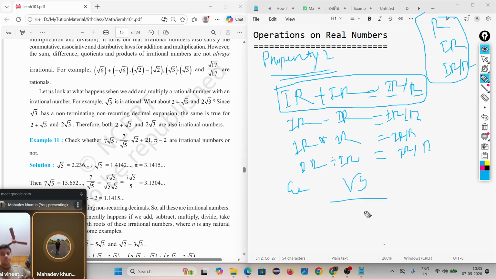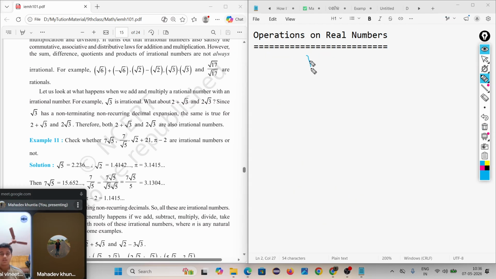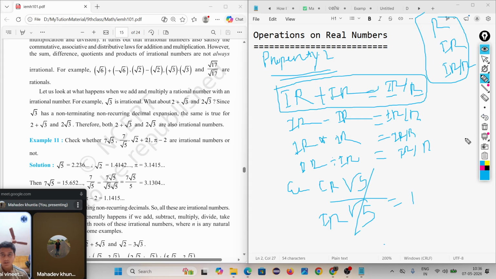Okay, sir. Same thing for division. Root 5 divided by root 5, your answer will be how much? 1. That means irrational divided by irrational, your answer will be 1. Do you understand the property 1 and 2? Yes, sir. Division, look, na.